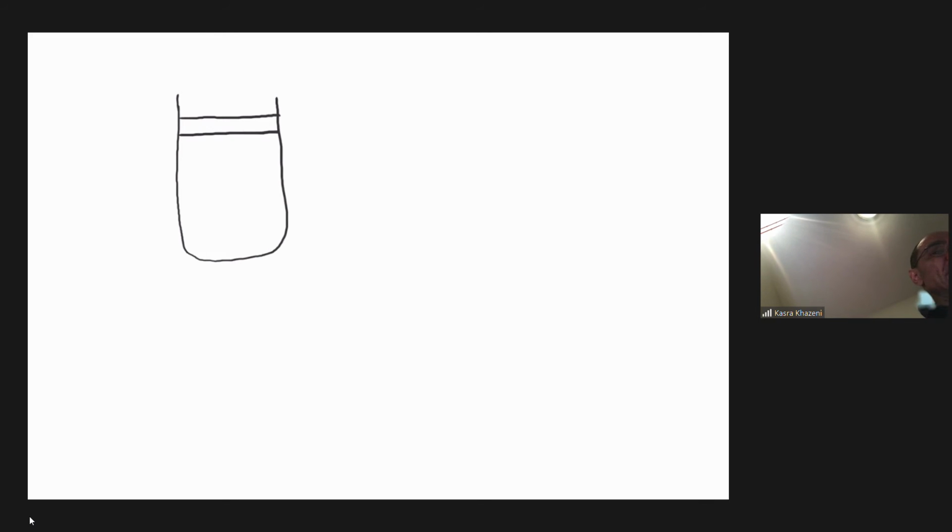Now, let me talk about how pressure inside a fluid is transmitted. Okay, so suppose I have a container and a piston. So this is a piston.